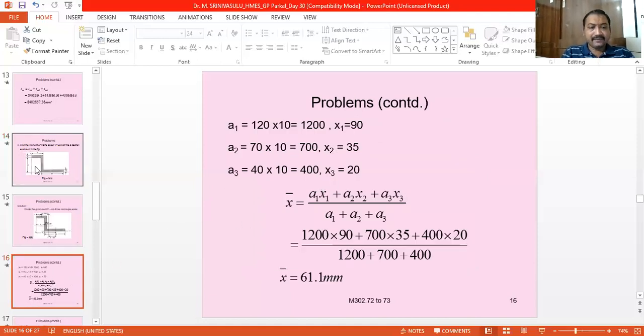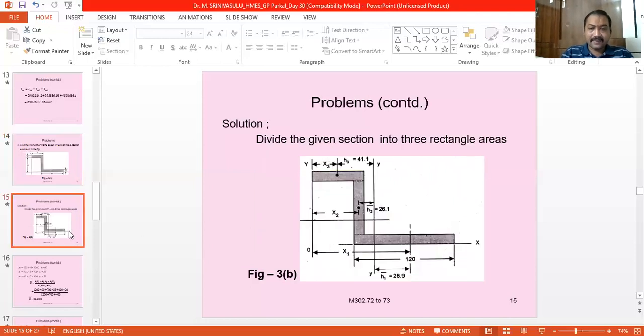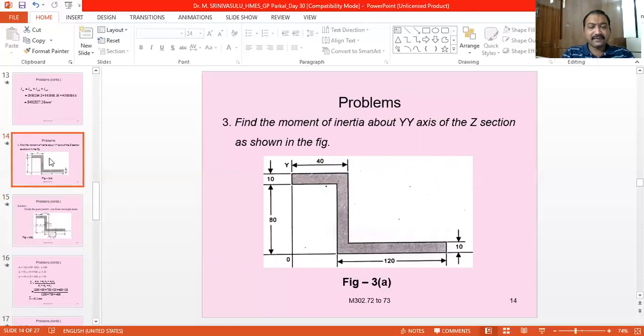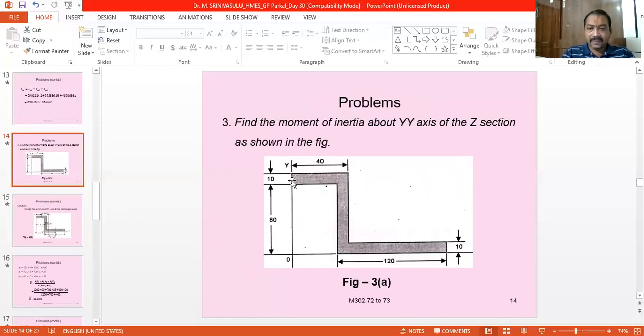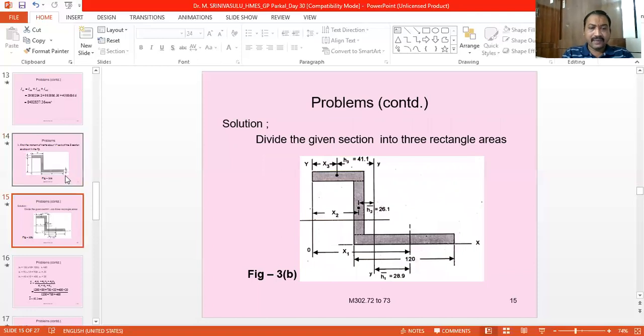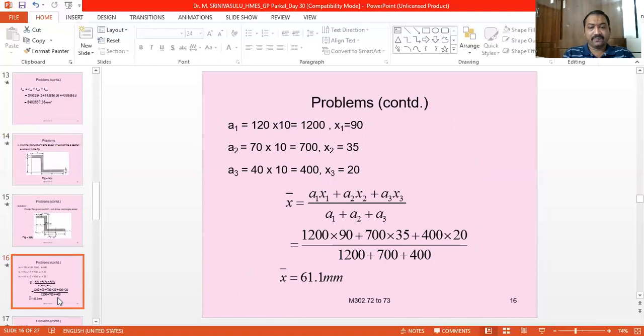Coming to rectangle 3, a3 is equal to 40 into 10. And x3 is 40 by 2, which is 20, so x3 is equal to 20.